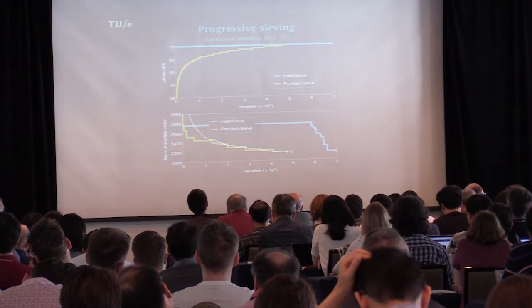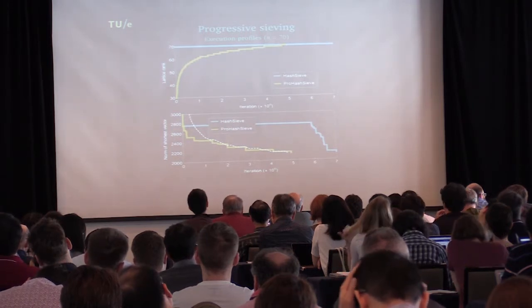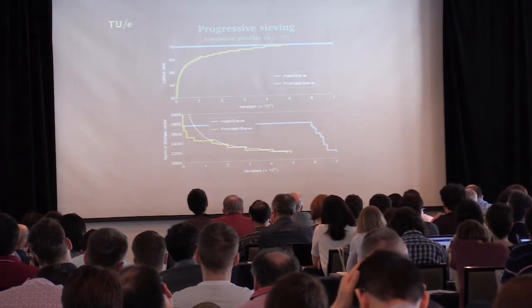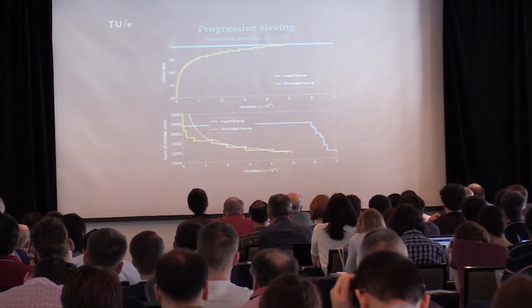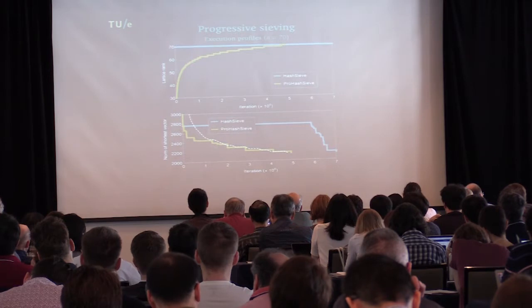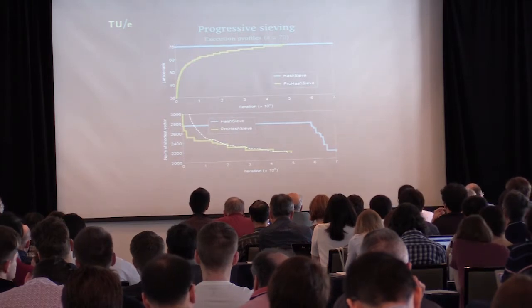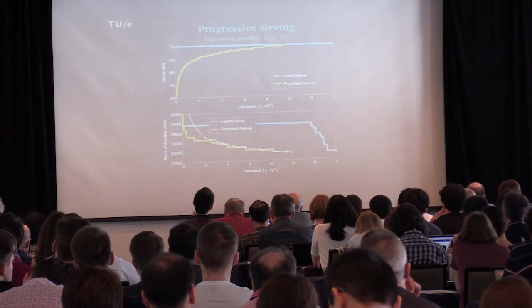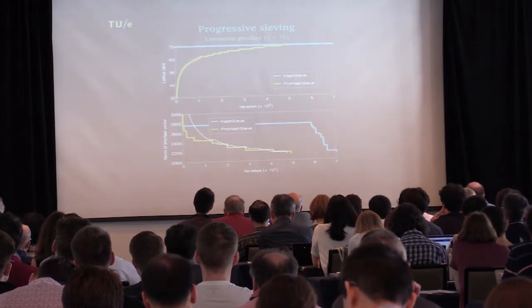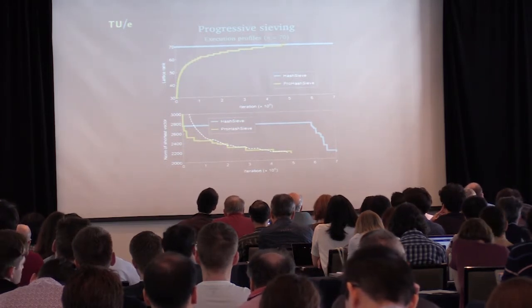Well, with progressive sieving, you already start making progress quite quickly. Like already after 1 million iterations, you already found quite a short vector. And so finding approximate solutions, approximate shortest vectors, is also much faster with progressive sieving, which is also what you would expect, that you find approximate solutions faster than exact solutions.